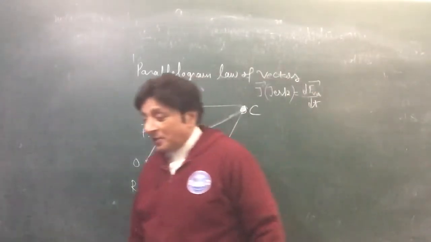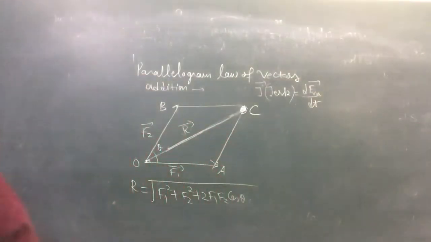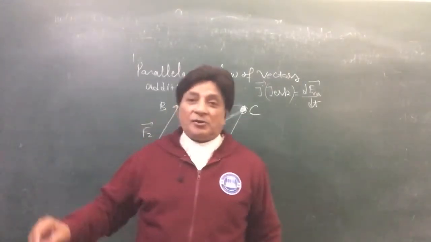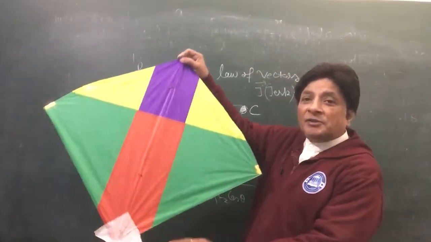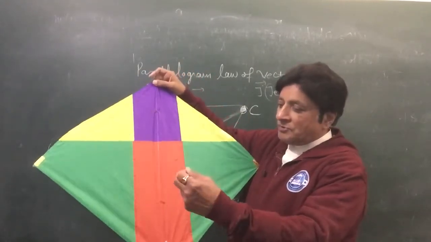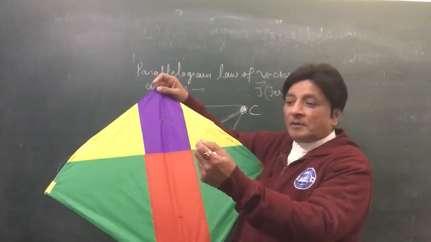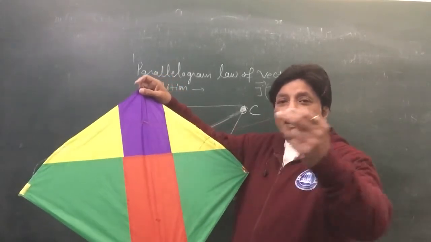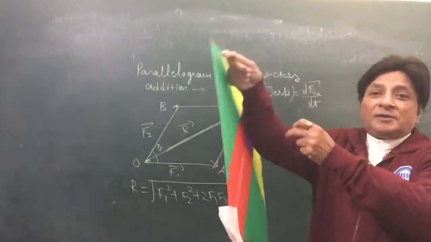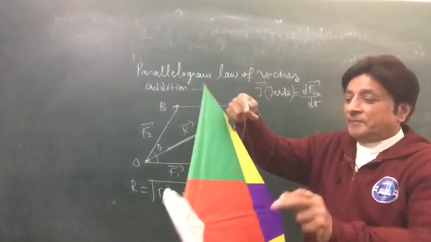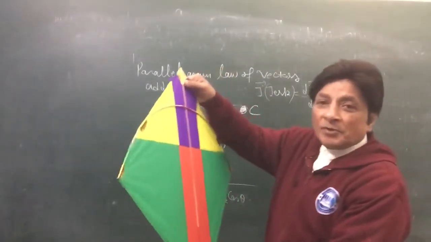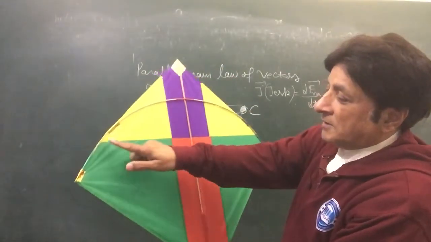Well, students, how will this F1 F2 act, how will the parallelogram law act? This is a kite, you know. So this is a kite here, and when we make the kite move up in the sky, at the back side of the kite you see this.